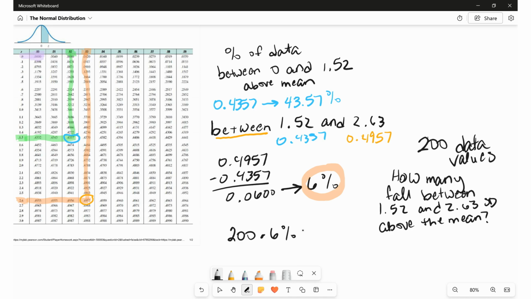Okay. And when you throw this in your calculator, you will get that 12 data values fall between 1.52 and 2.63 standard deviations above the mean.